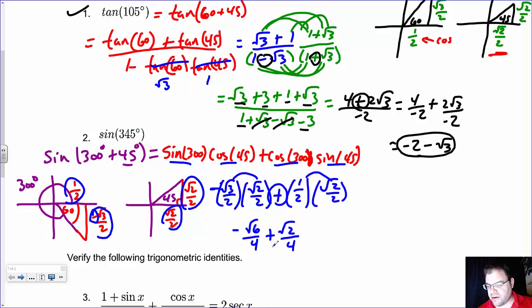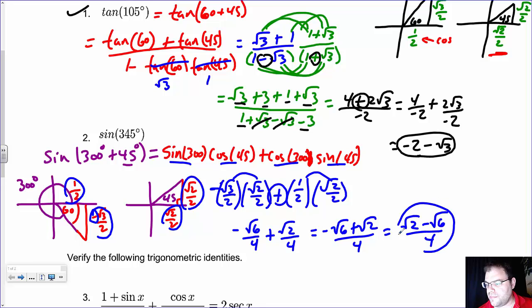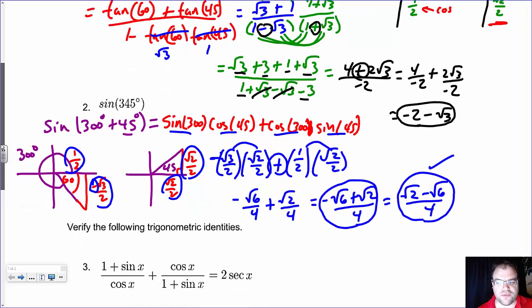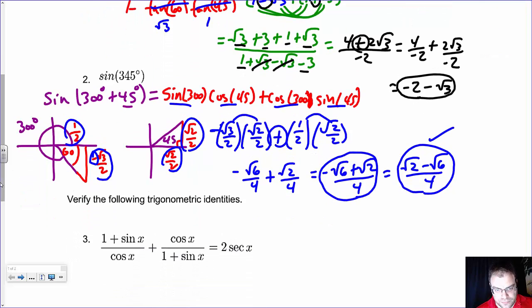So now that I have a common denominator, I can write this as negative root 6 plus root 2 all over 4. Or I can write it as root 2 minus root 6 all over 4. Either one of these will give you the answer. It's the same. I just prefer to put the positive term first. Usually it's my preference, but it doesn't mean it's wrong to do it this way.